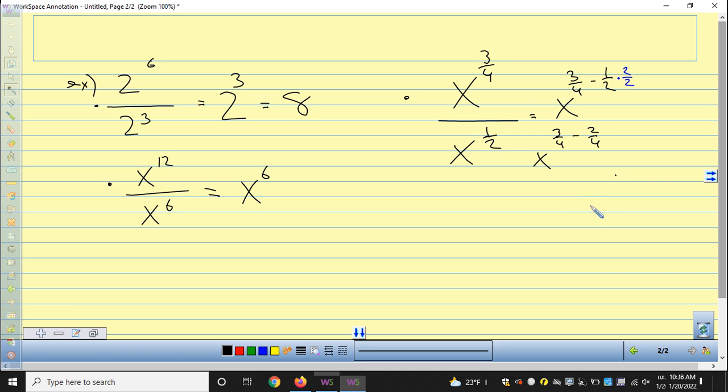And when we add or subtract fractions, we add or subtract the numerators, the top, and we leave the common denominator. So this is going to be x to the 1/4. If you did this in your calculator, 3/4 minus 1/2, you get 0.25. Usually you're going to see these exponents written as fractions.